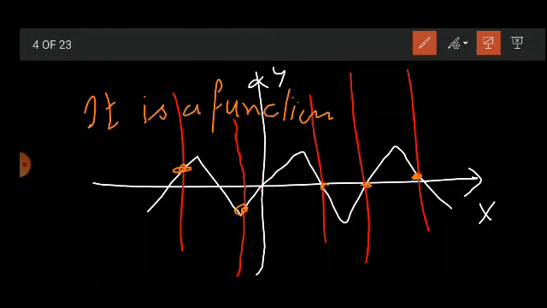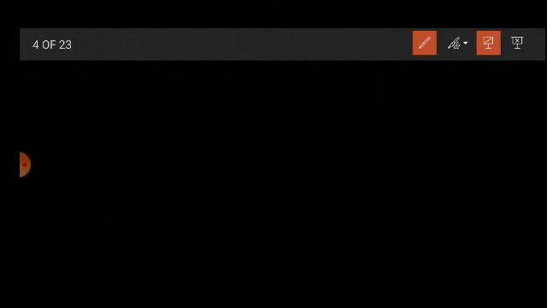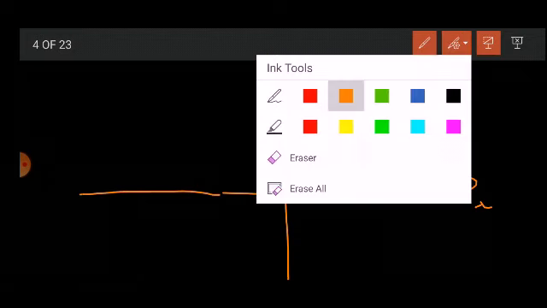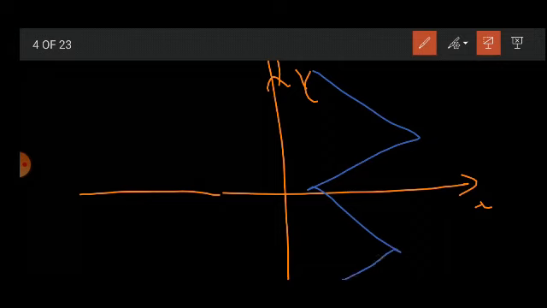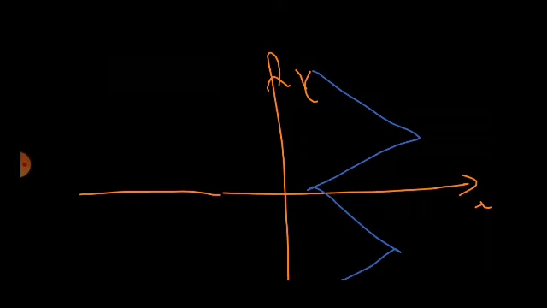But if the graph goes this way, let me note it on the graph. Let this be the x-axis, and this the y-axis, and draw with some other color. Let's draw a line parallel to the y-axis over here.